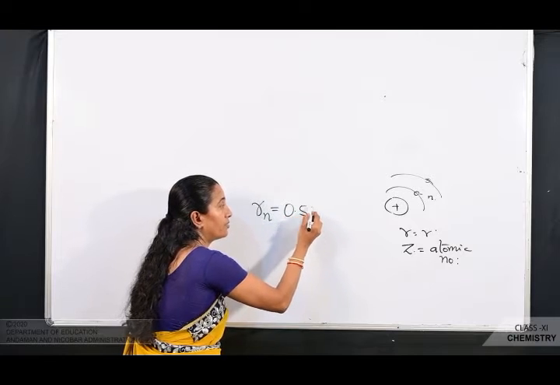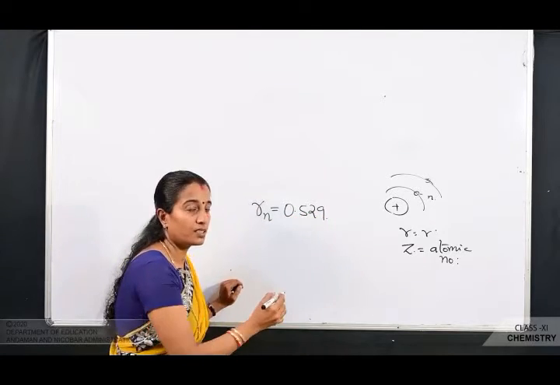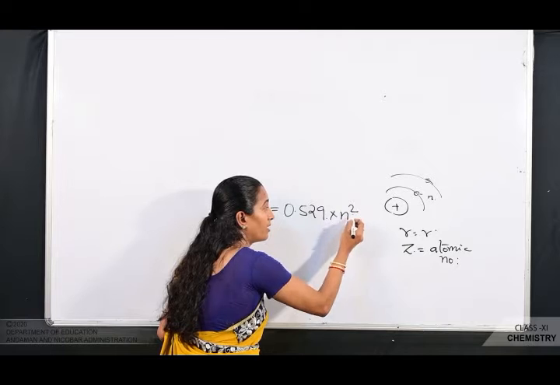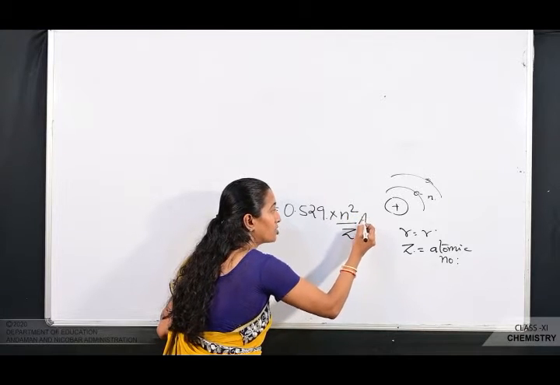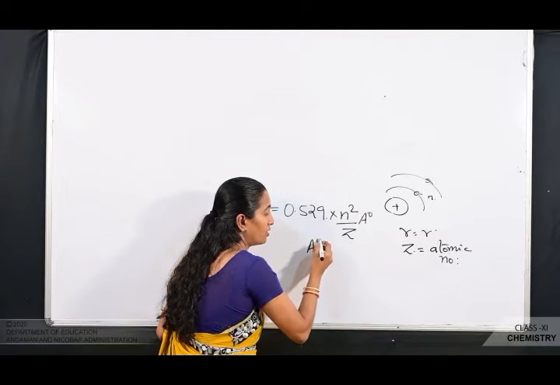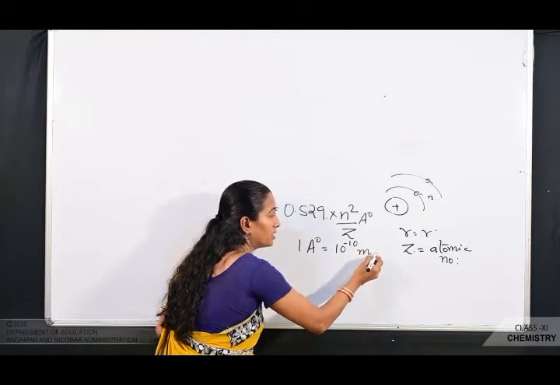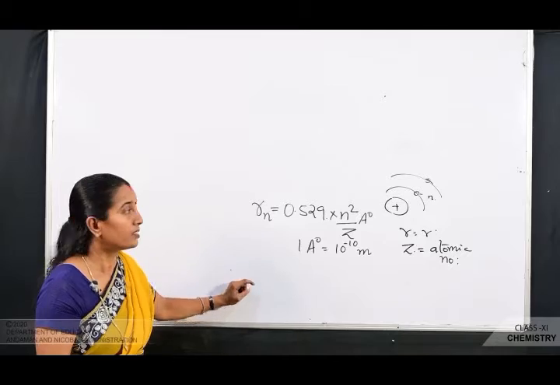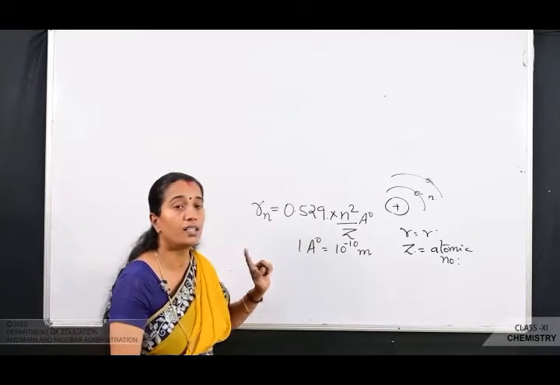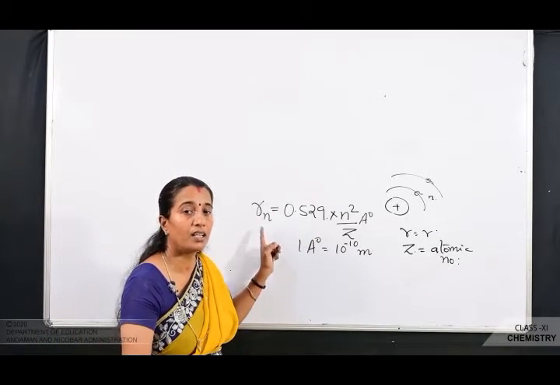It is equal to 0.529 into n square by z Angstrom. Remember, 1 Angstrom equals 10 to the power minus 10 meter. This is the formula for finding the radius in the nth orbit.